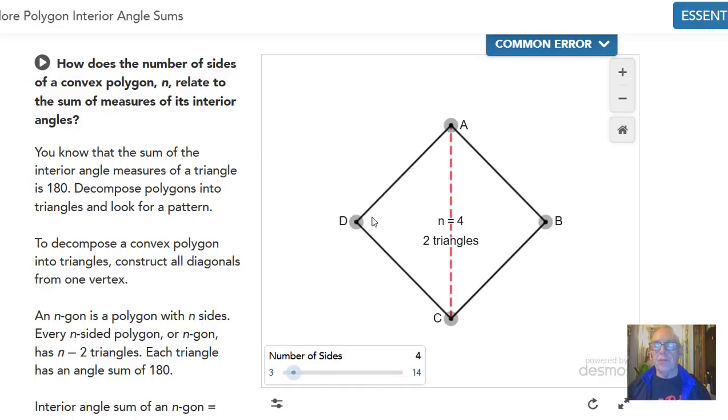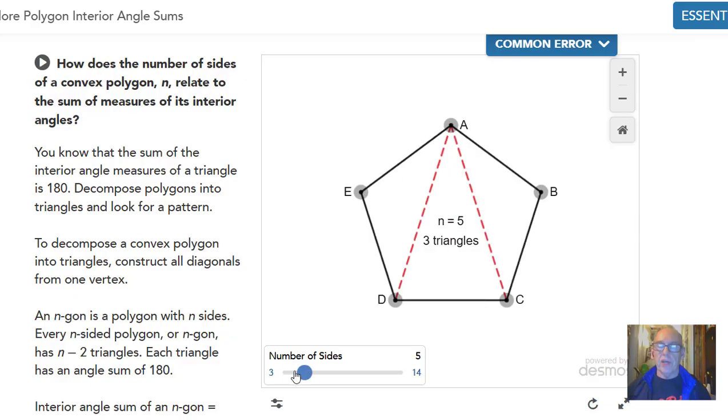If we go to 4 sides, a quadrilateral, we can actually break that into 2 triangles. Each one of these triangles has 180 degrees worth of angle measure. We have 2 triangles, which is 2 less than the number of sides. We've got a 4-sided figure, so n minus 2 is 2. 2 times 180 gives us 360 degrees for the interior angle sum in a quadrilateral.